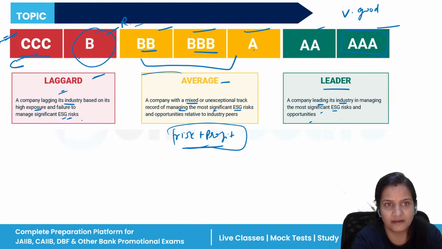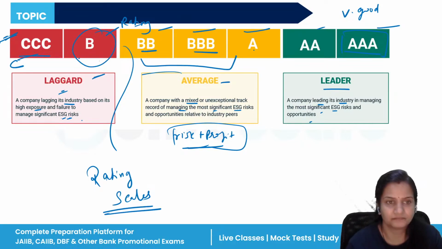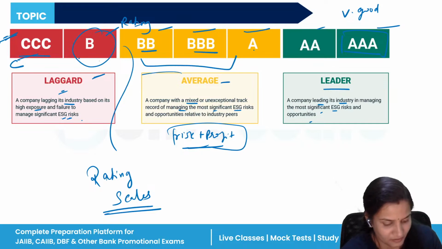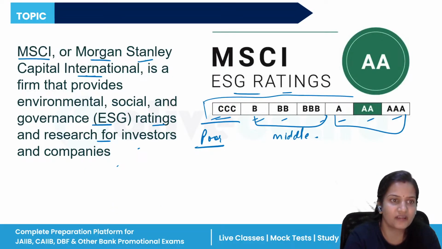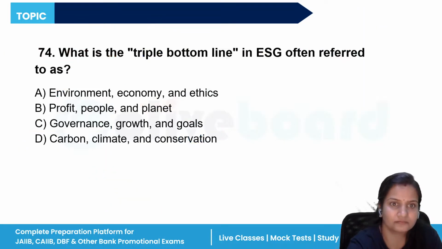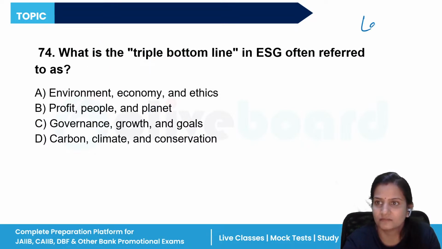So these are the rating scales. Done? To clear this one, MSCI is Morgan Stanley Capital International, the agency that provides ratings of ESG.